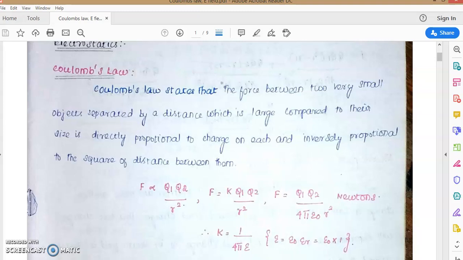Here the main limitation is that the separation distance should be large when compared to the individual size of the charges.